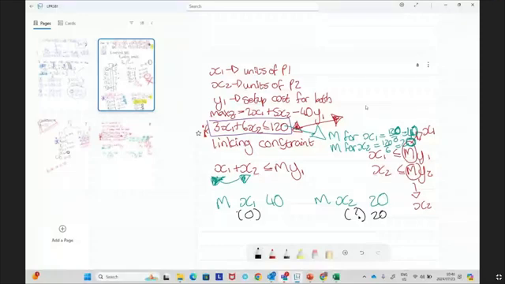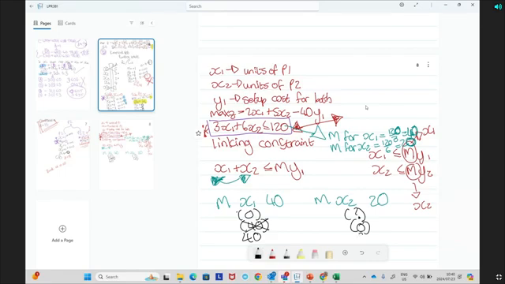If x2 is 0, x1 cannot go more than 40. But as soon as x2 increases, x1 is going to decrease, because you can't have that max amount if you start also making x2. So let's say this is not 40, that's 0. Now you say, okay, let's make 10 of this.